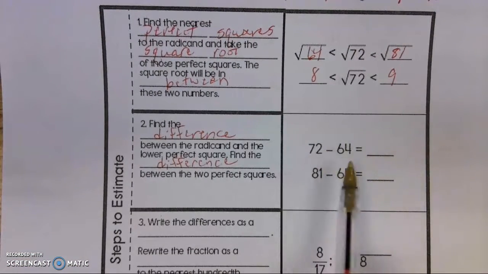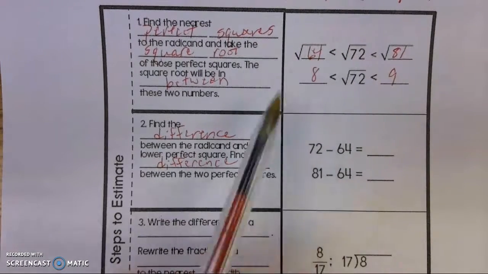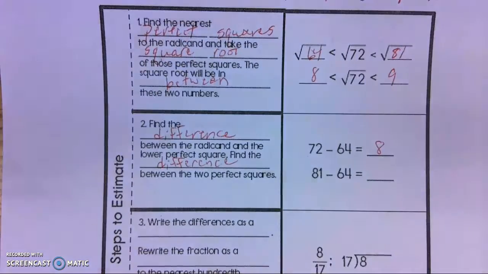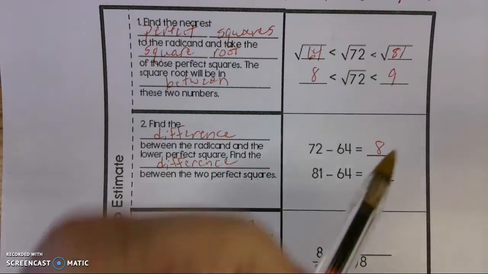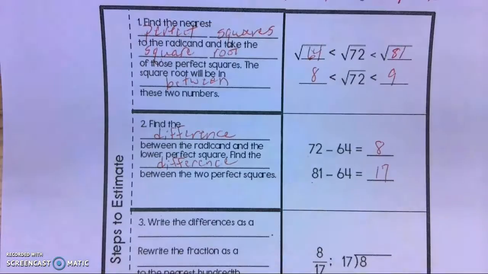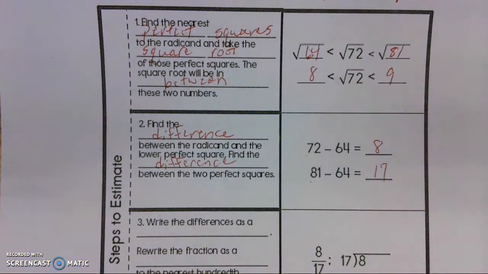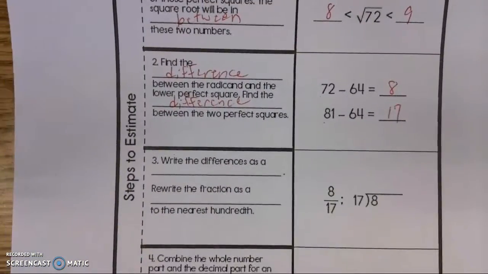Again, I'm going to go with the radicand. That's the number inside. So I'm going to take the bottom two. I'm going to subtract 72 and 64, and that's 8. And then I'm going to subtract the two perfect squares, 81 minus 64, and that's 17. Okay, and that's going to make up my fractional part.